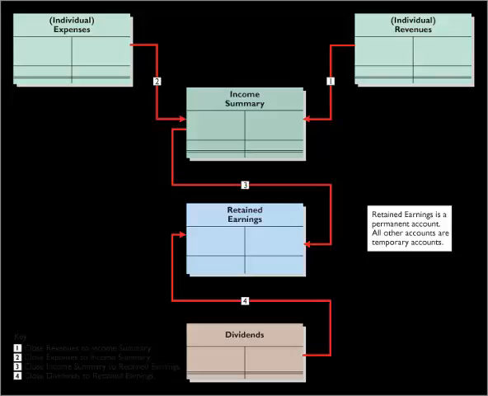Illustration 4-8, page 162. Post-closing trial balance only has our permanent accounts because we have closed everything else. Do you still need an income statement? Yes, but we'd already done that. Post-closing trial balance is after all of the financial statements.